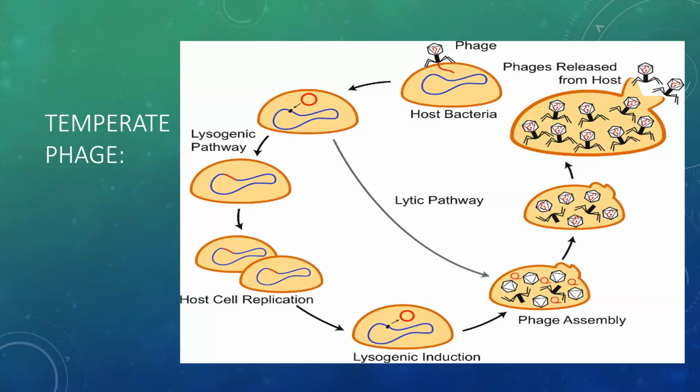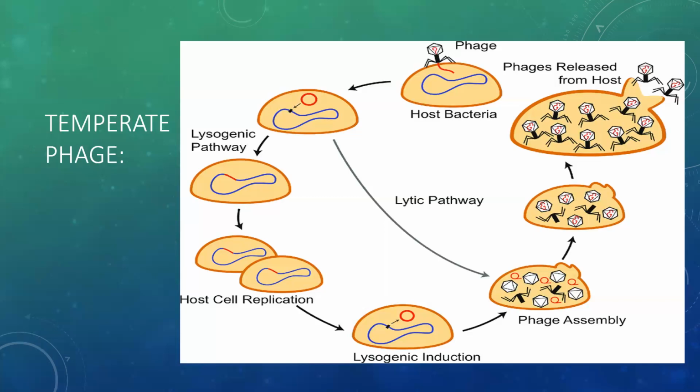They remain within the bacterial genome, and this condition is called prophage. When the phage DNA, the virus DNA, is silently within the genome of the bacteria, this is called prophage. It means when this prophage is within the bacterial genome, it does not cause lysis of the cell.